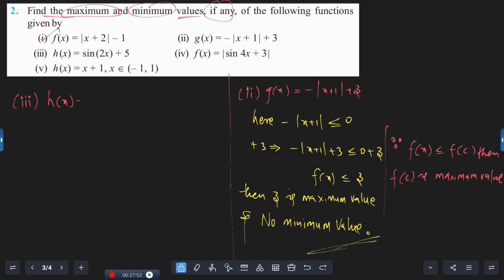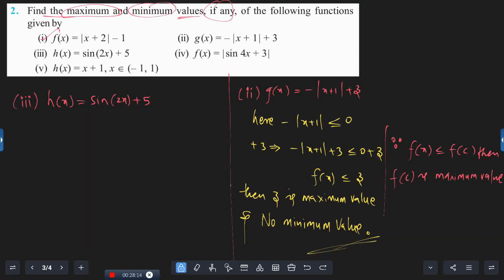h of x is equal to sine 2 of x plus 5. Children, do you remember the sine domain? What is the sine domain?